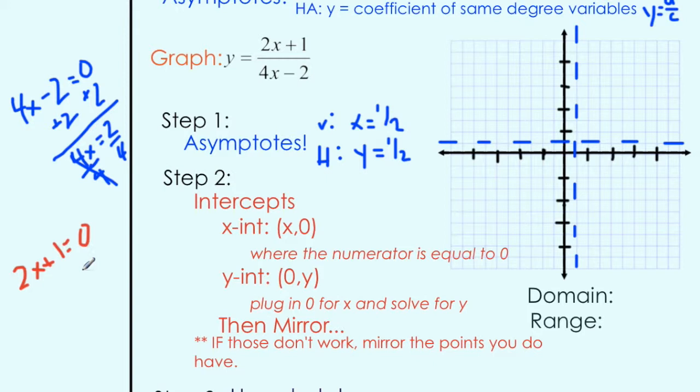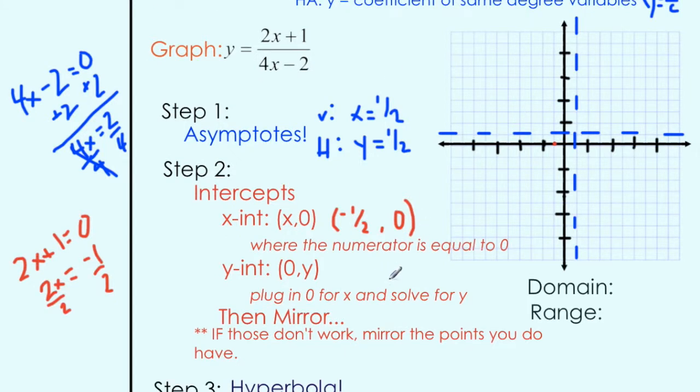I'm going to subtract 1 from both sides, leaving me with 2x equals -1, divided by 2, which means I'm left with x equals -1/2. So my x-intercept is at the point -1/2, 0, right there. So that is my x-intercept.